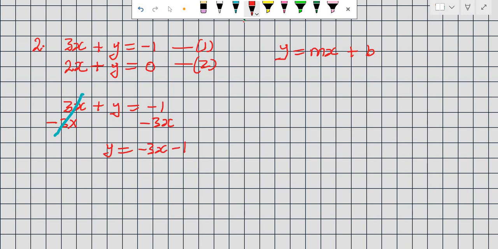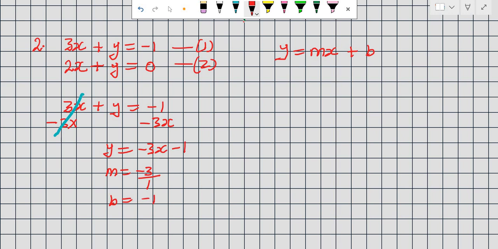So now the slope, which is m, is equal to -3. Remember I said when it is a whole number, you have to write it over 1. So it's -3 over 1. b, which is the y-intercept, is -1. So that is it for this equation.